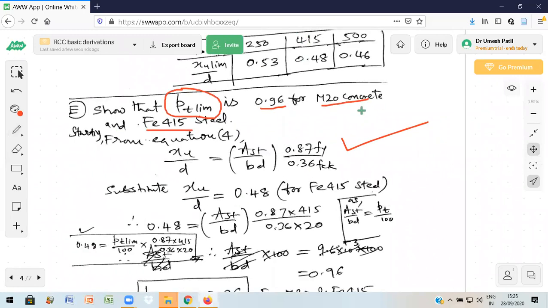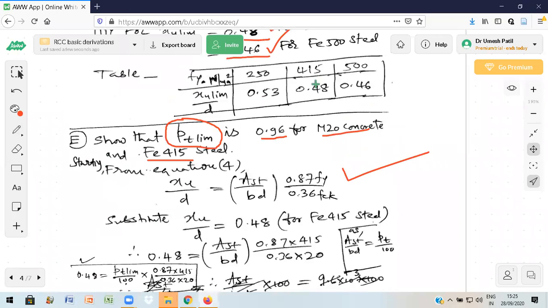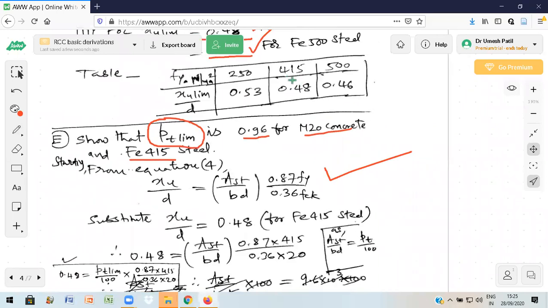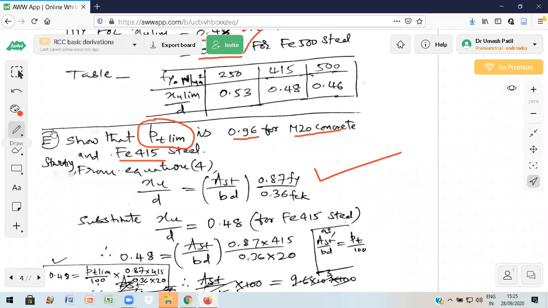Why I'm substituting this one is, you look at this 0.48. You look at this one here. Why am I doing like that? So Xu by d equals 0.48. Why have I done this? Because when you use M20 concrete and Fe415 steel, the ratio of Xu by d is 0.48, which I have derived here.